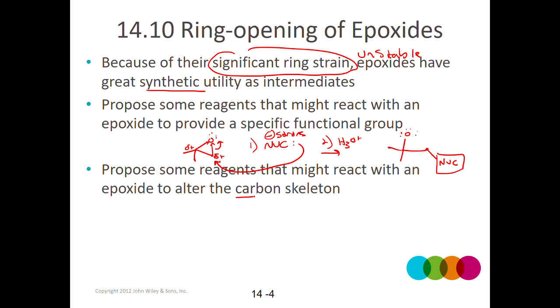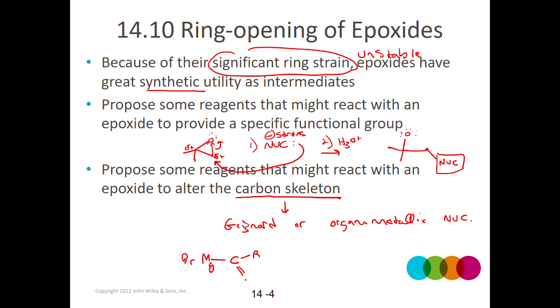So that can be used to alter the carbon skeleton, specifically if you're using a Grignard or other organometallic nucleophile. Right, so the Grignard has an organo or carbon bonded to a metal. And whatever else is bonded to that carbon, it could be an R, it could be whatever, it could be a pi bond, it could be a ring.